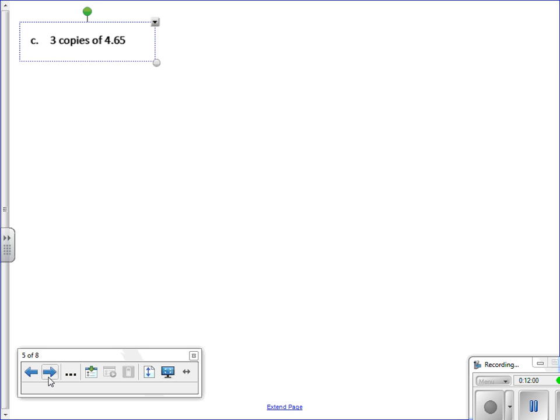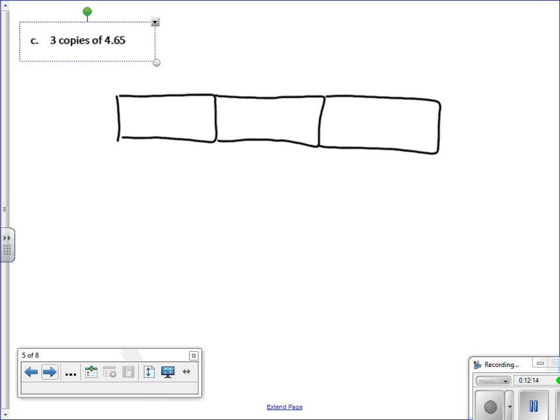Okay, letter C, 3 copies of 4 and 65 hundredths. So we're going to do our chart again. Since it's 3 copies, we're going to put a 3 out front.